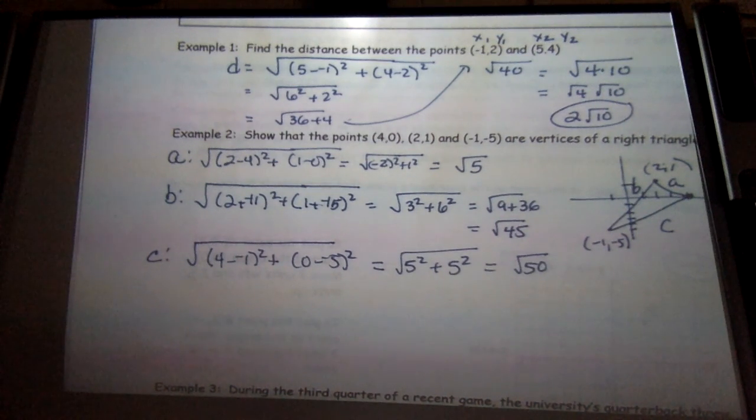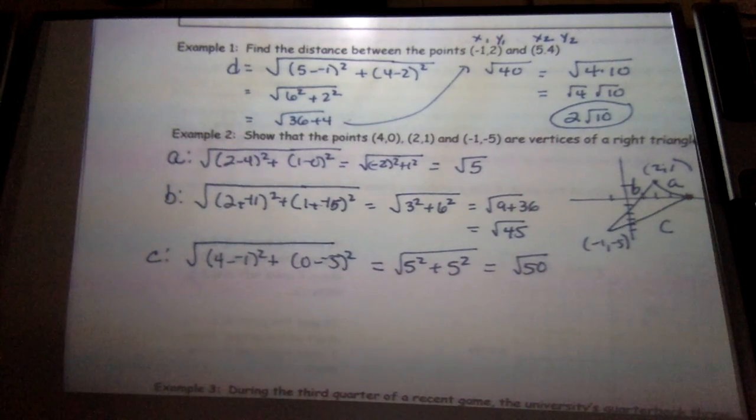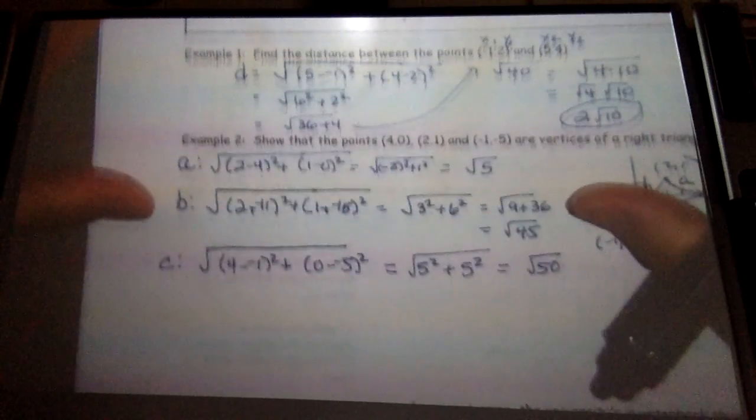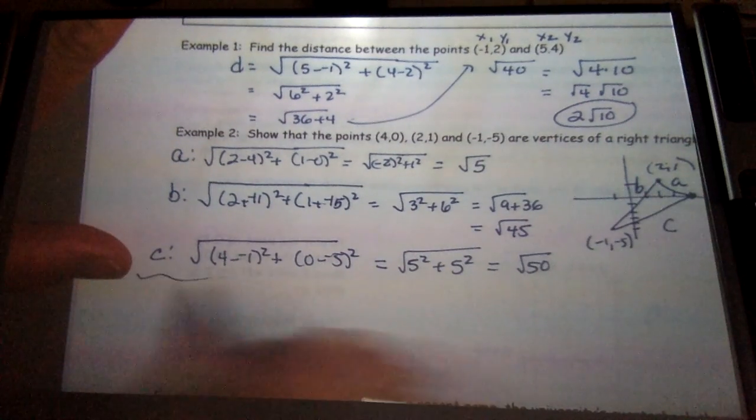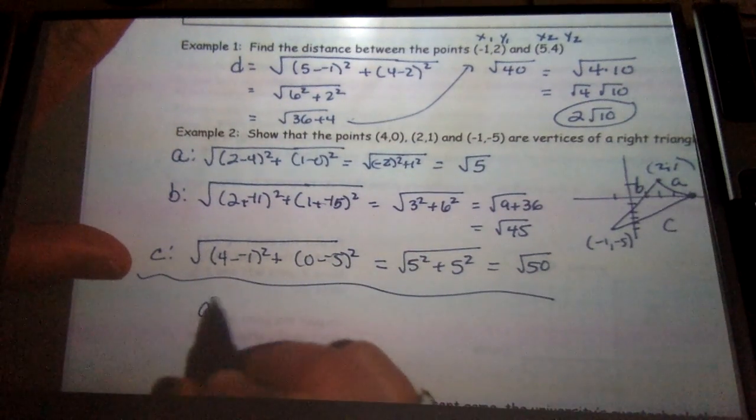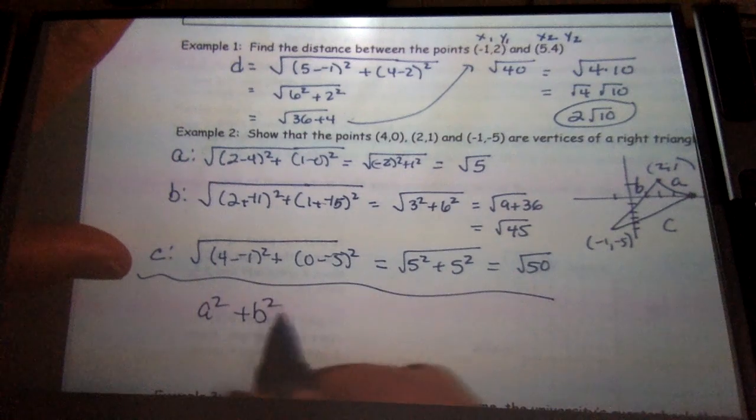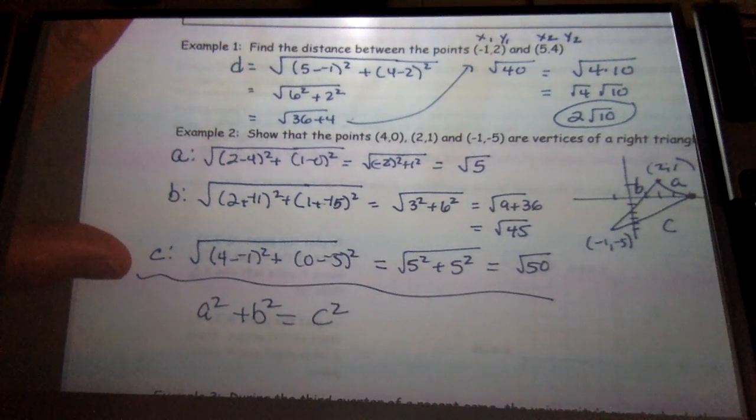Now what do we do? Yeah, we're going to put it in the Pythagorean theorem. A squared plus b squared, we're going to look to see if it equals c squared.